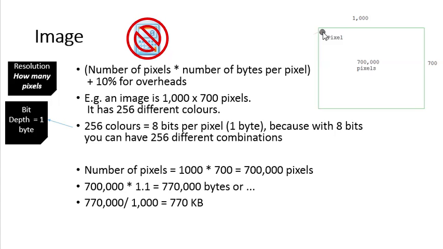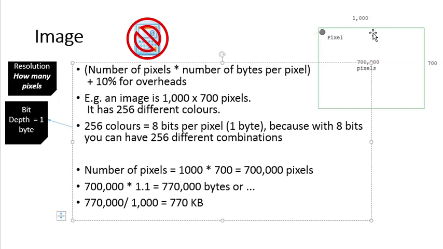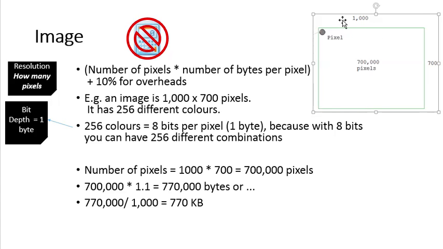If we're using a 24-bit encoding system, then we have 3 bytes per pixel, but sometimes we use a lot less than that. The other thing to consider is the resolution of the image, so the width by the height.